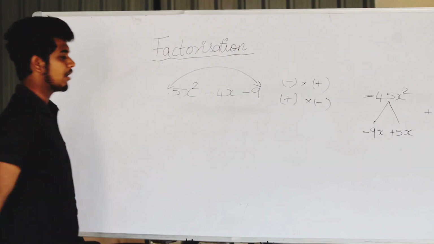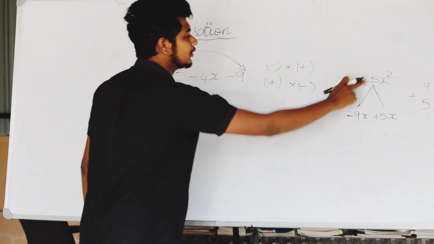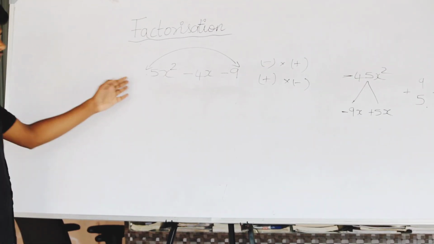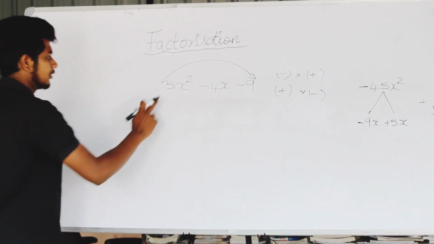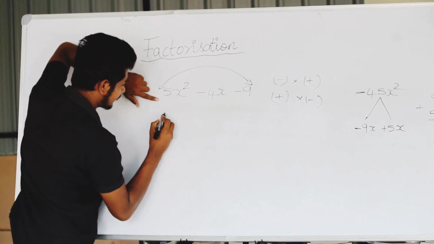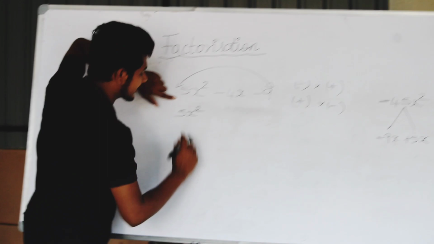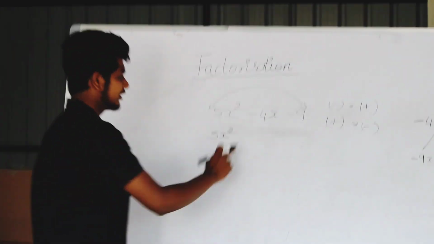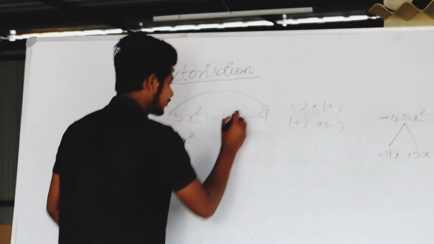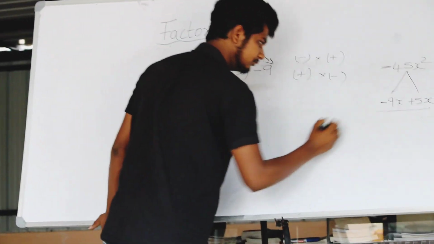Okay. So now we have got the factors for this number. Now it is very easy to solve the question. Write the first number as it is, whatever you have. Okay. 5x square. Instead of the middle number, let us take these numbers.